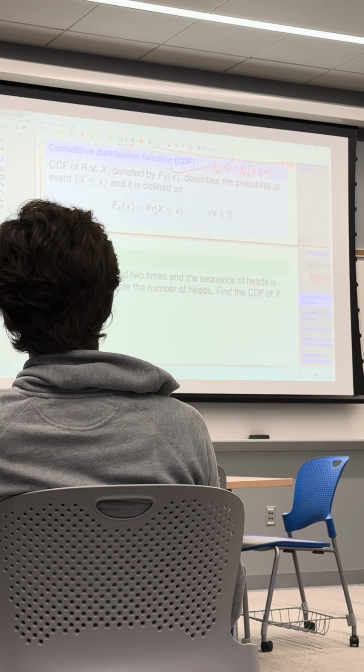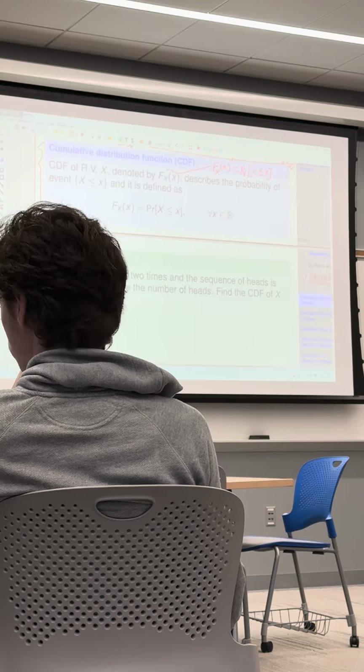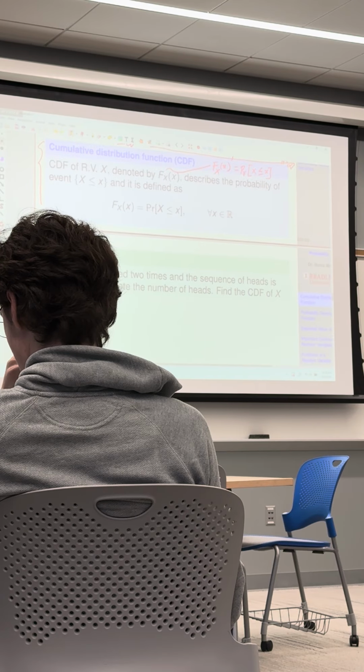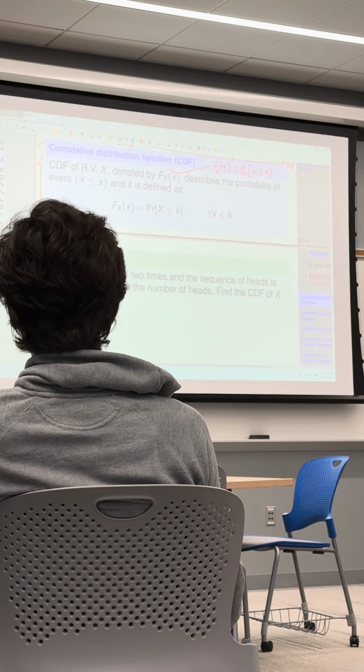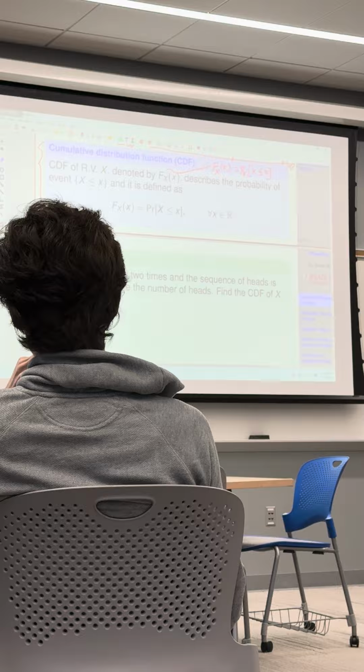By definition, this cumulative distribution function will give you the probability of the random variable X being less than or equal to x. Now this x can take any value from the entire real line.